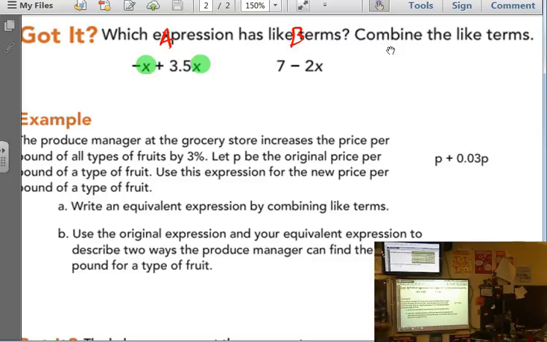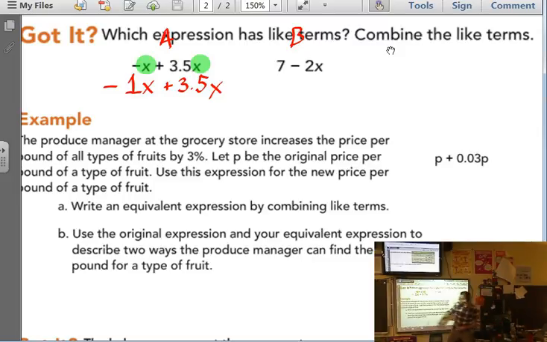They are like terms. This, though, I would prefer if for a moment you would rewrite this as really negative 1x, because we don't show the 1, plus 3.5x. In the end, gives me, Jack, what do you get? Yeah, it would help if we were sitting up, paying attention. Casey, what do you get?